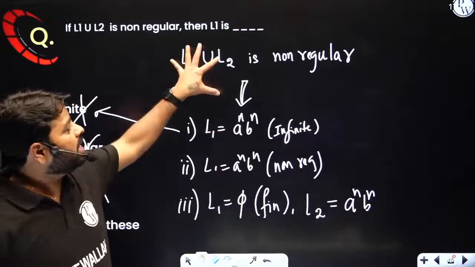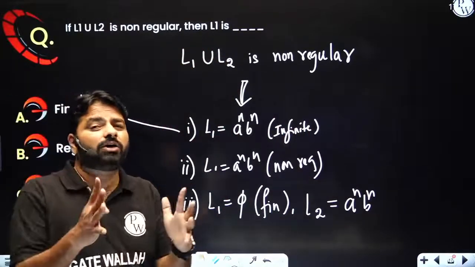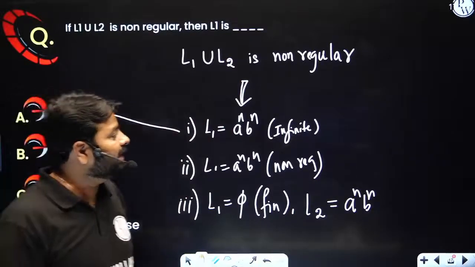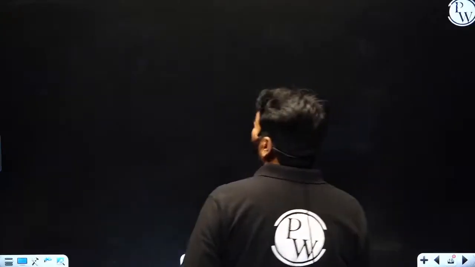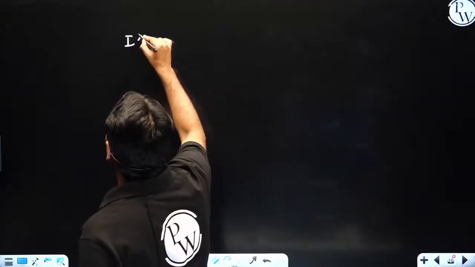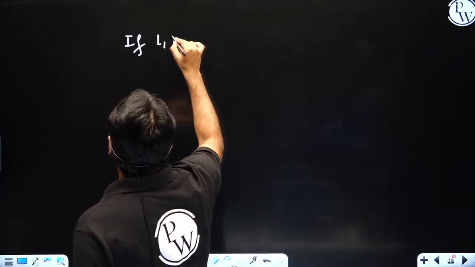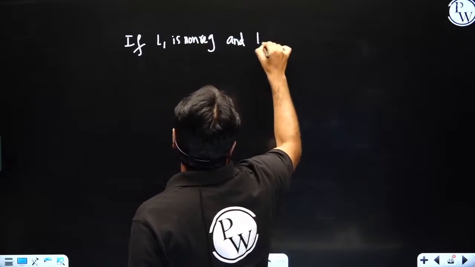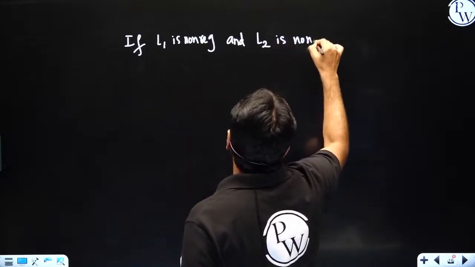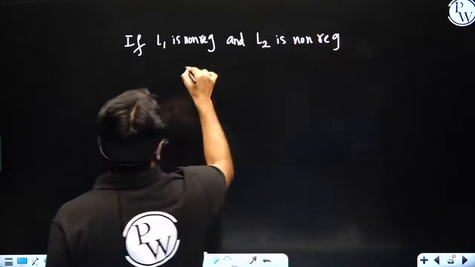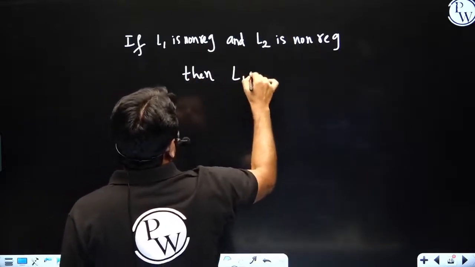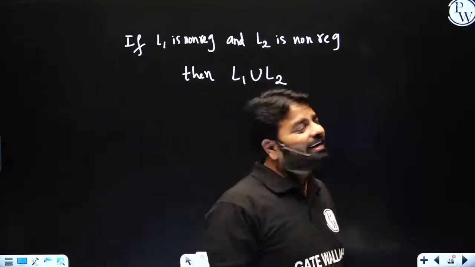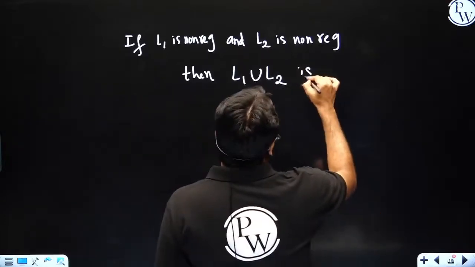Okay, here L1 and L2 information is not given to you. Don't assume they are always non-regular. What is the difficulty here? The two statements that we always worry about: if L1 is non-regular and L2 is non-regular, at this time it is very clear what L1 and L2 are, but then you can't definitely say L1 union L2 is non-regular, right? We have already proved it also need not be regular.